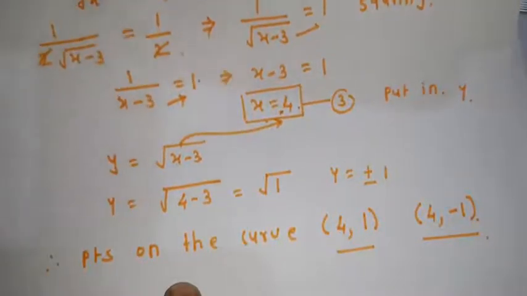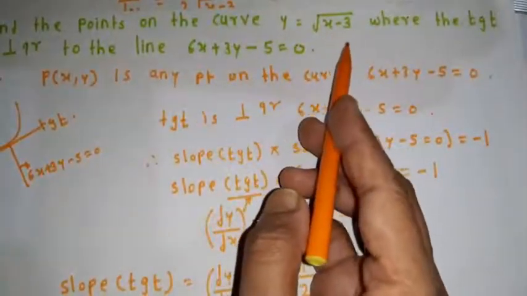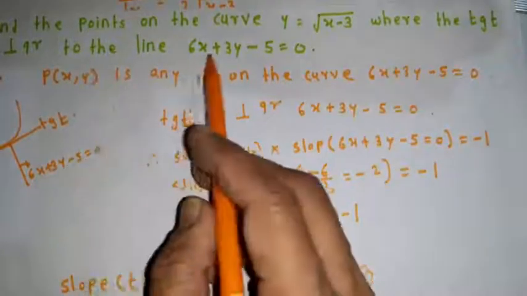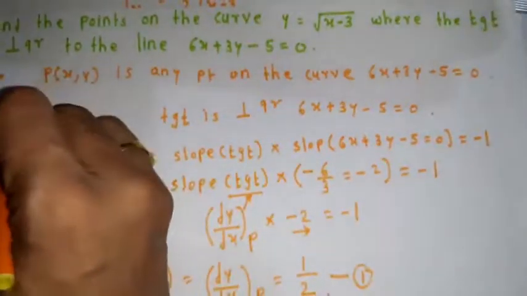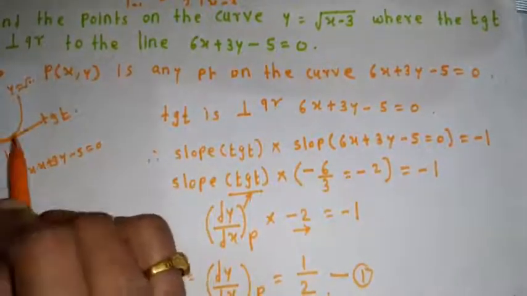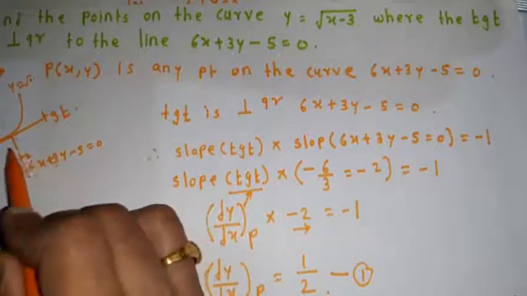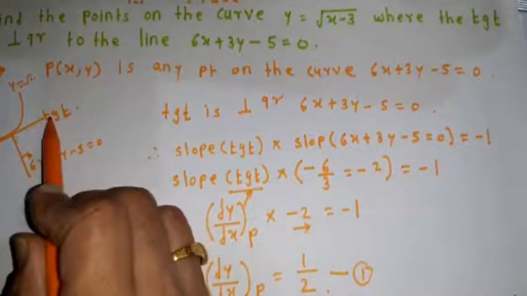Okay students, in this way the problem is solved: find the point on the curve y equal to square root of x minus 3 where the tangent is perpendicular to the line. Suppose this is the curve y equal to root x minus 3, and this is the tangent to the curve, and this line is perpendicular to the tangent.